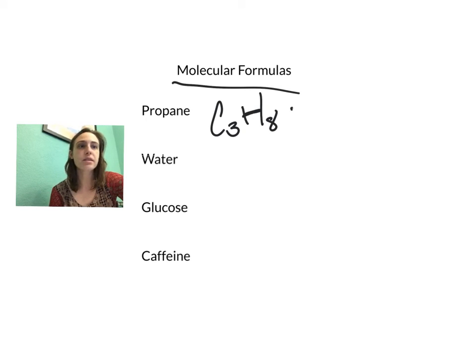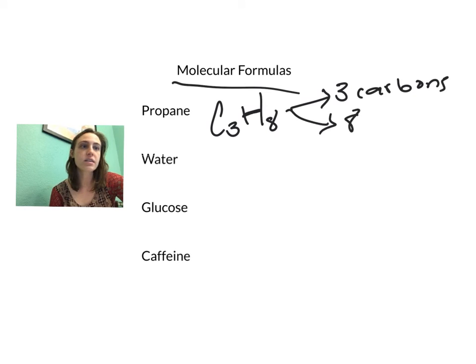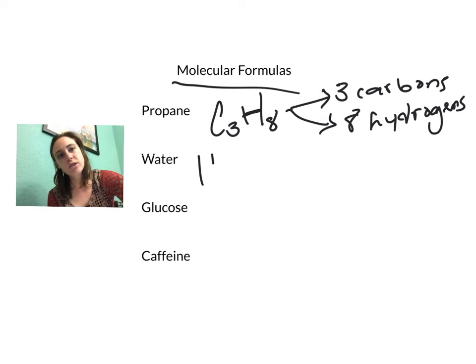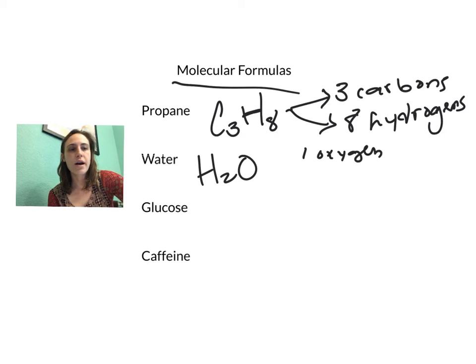That means that we have 3 carbons bonded to 8 hydrogens. So it's basically like a recipe for what is in that molecule itself. Let's do water. You guys probably already know what water is. It is H2O, okay? So that means that you have 1 oxygen and 2 hydrogens.